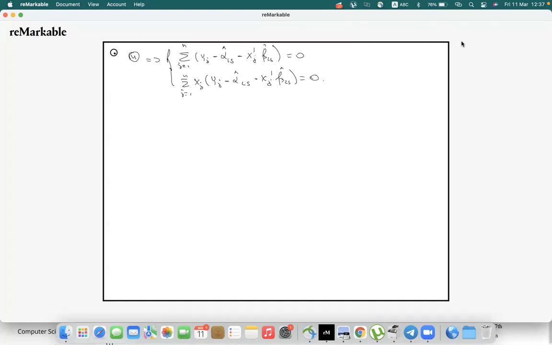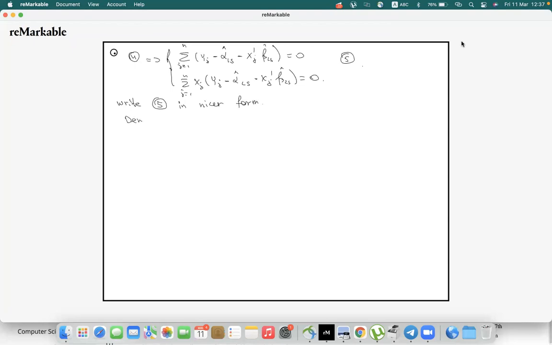So this is a nice form. Now what I want to do right now is to write it in a nicer form.